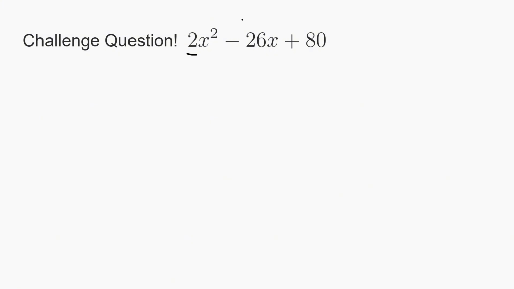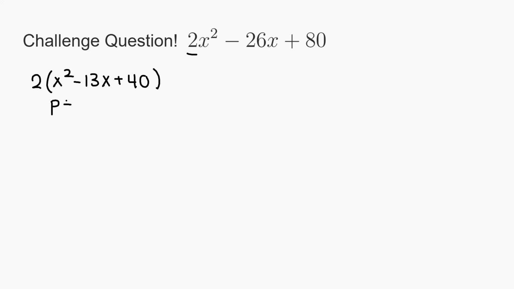If you noticed, all of these numbers here are divisible by 2. We can factor out the 2 first. If we group out the 2, this gives us x squared minus 13x plus 40. Now, this might look a little bit more familiar to you. We can use the same method as before.